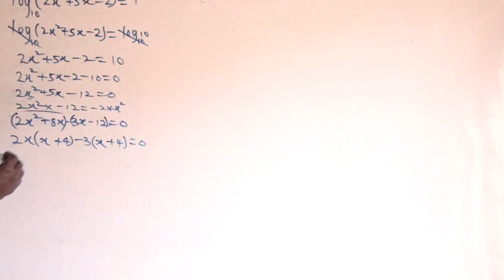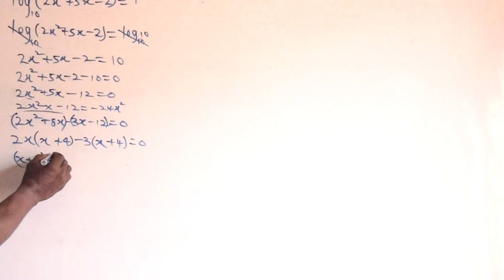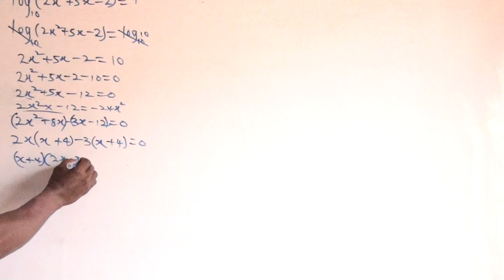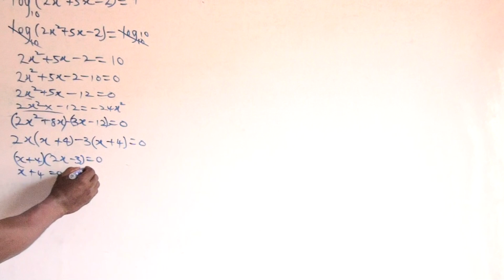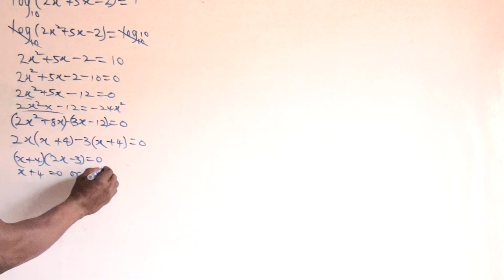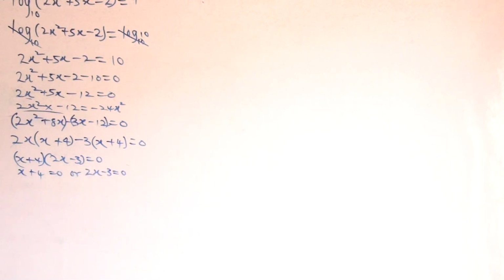Okay, then the next step, these two brackets are common, we factor it out. We have x plus 4, we factor it out, and what will be left is 2x minus 3 is equal to 0. Here we can say either x plus 4 is equal to 0, or 2x minus 3 is equal to 0.